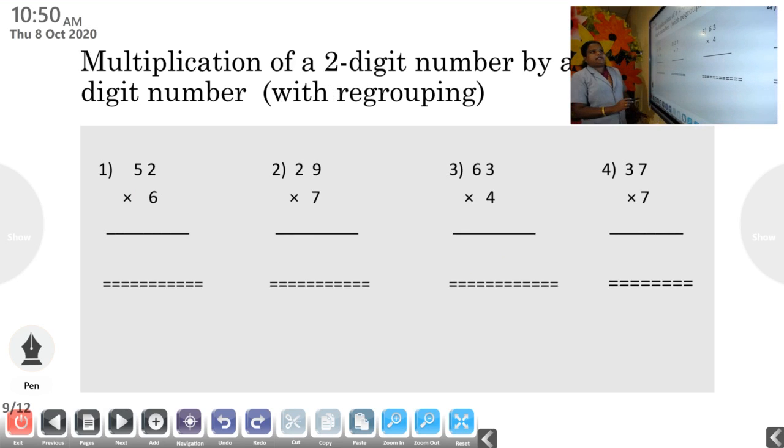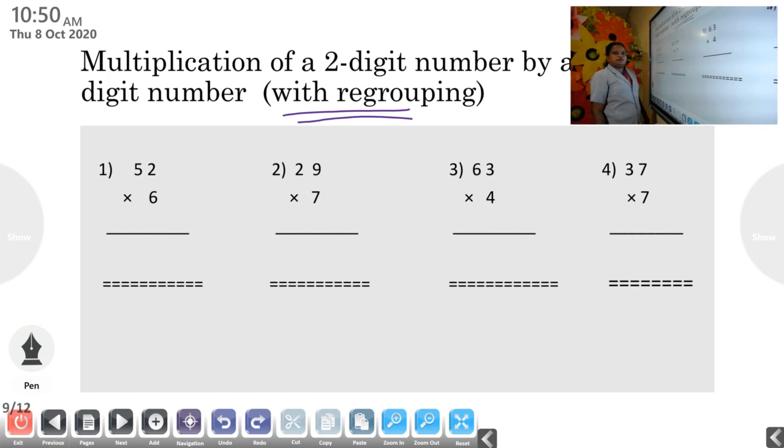Next, multiplication of a two-digit number by a single-digit number with regrouping. Listen. First question, 52 into 6. Do you know multiplication table of 6? Yeah.